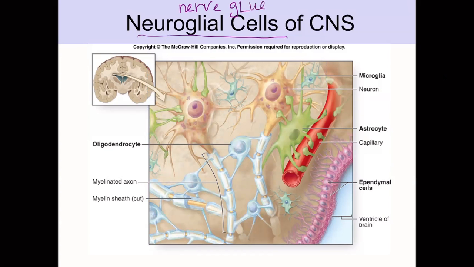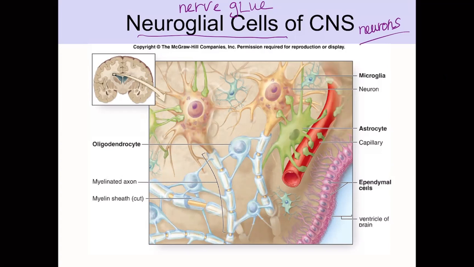Nerve glue. So neuroglial cells are cells in the nervous system besides the neurons. The way I think of this is the neurons are kind of like the rock star, and the neuroglial cells are the entourage that supports the rock star.